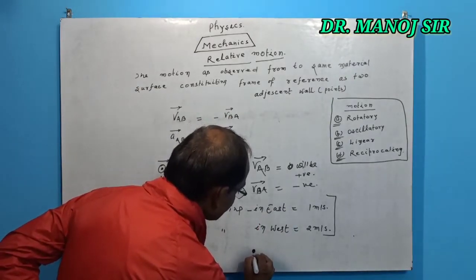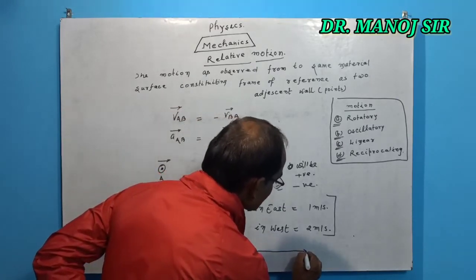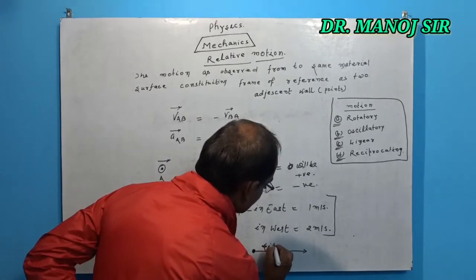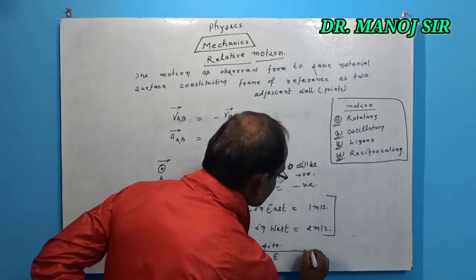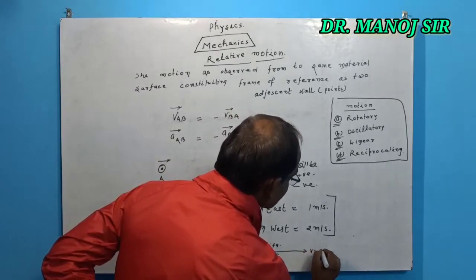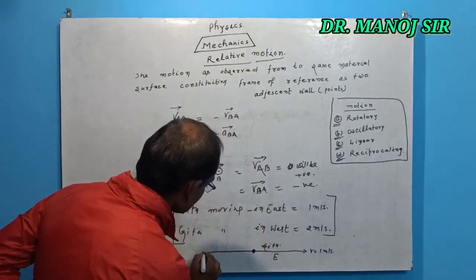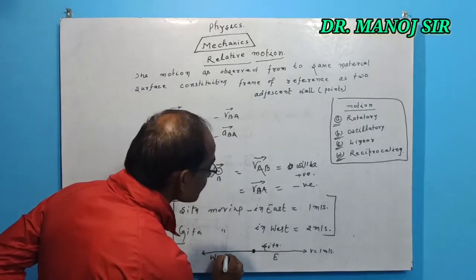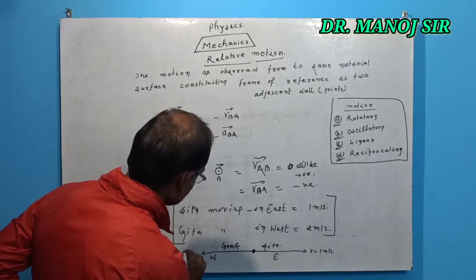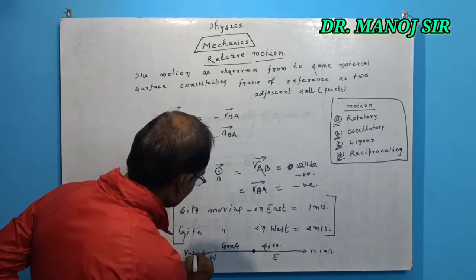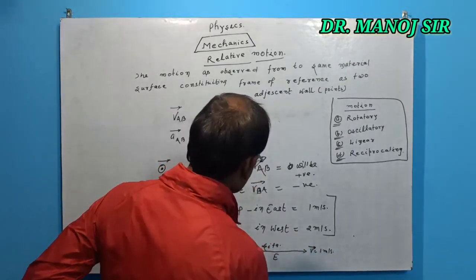This is the reference point O, where Sita goes east with a velocity of 1 meter per second, and Geeta goes west with a velocity of 2 meters per second.